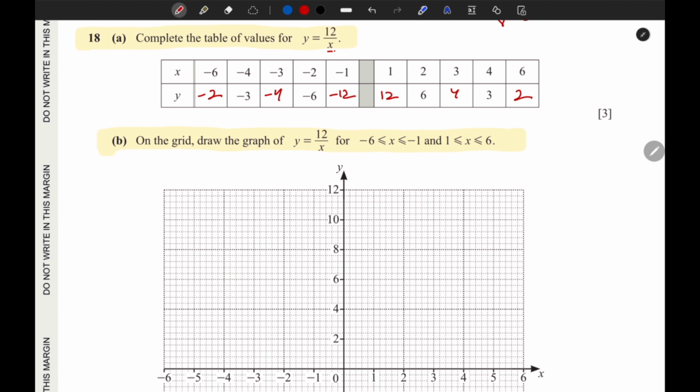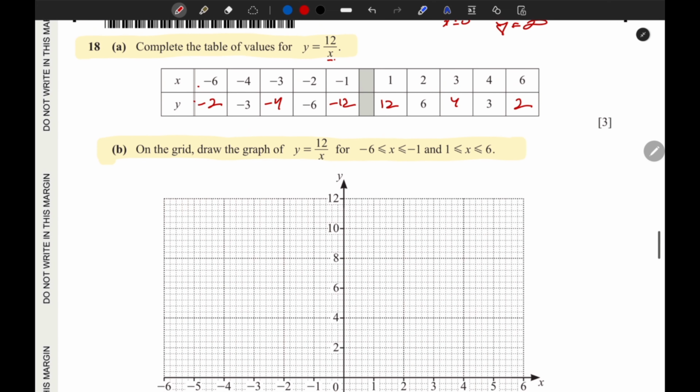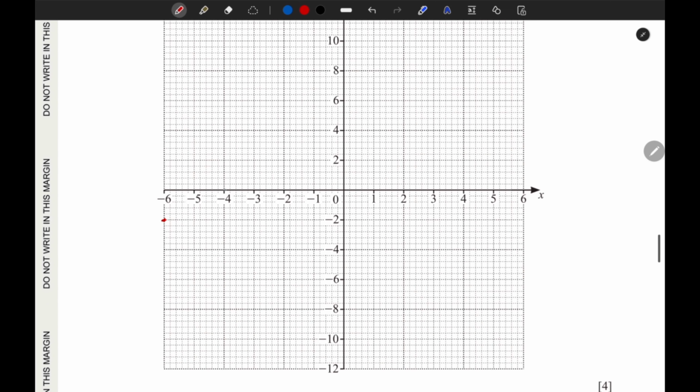First is minus 6, minus 2. So this is minus 6, minus 2, this point. Now we have minus 4, minus 3. See, minus 3 will be 1, 2, 3, 4, 5, so around the midpoint, 2.5 over here.